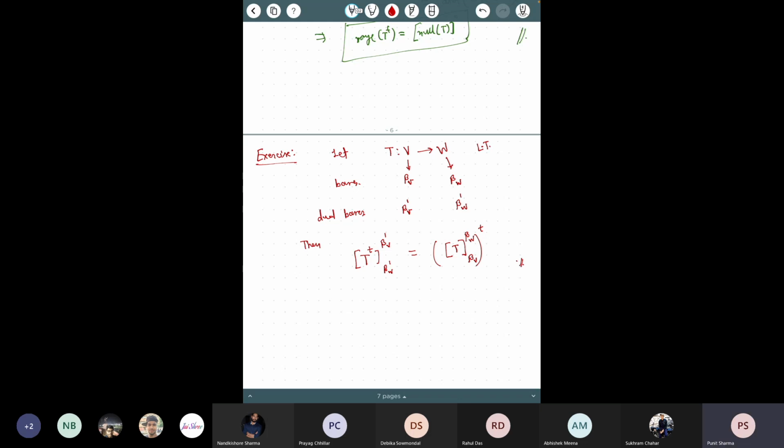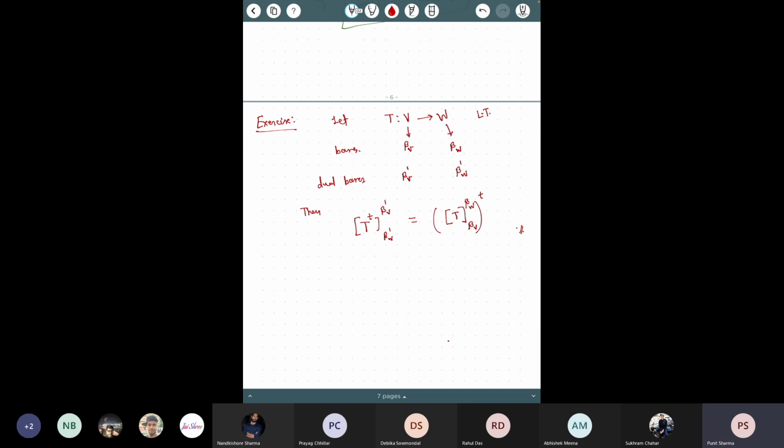Now, if we have a map from Rn to Rm, and we take the standard basis for these, then their dual would also be standard.